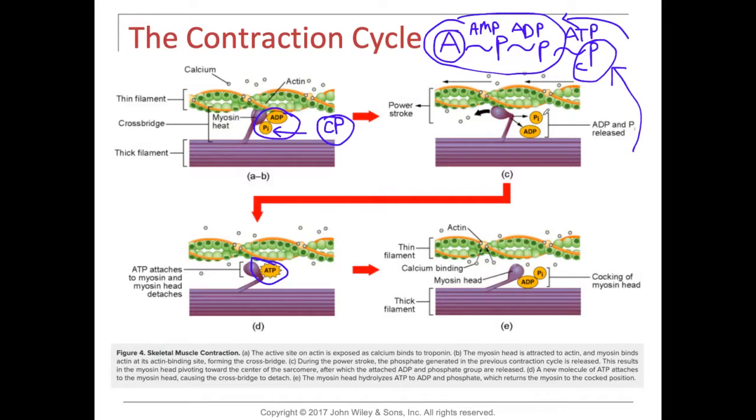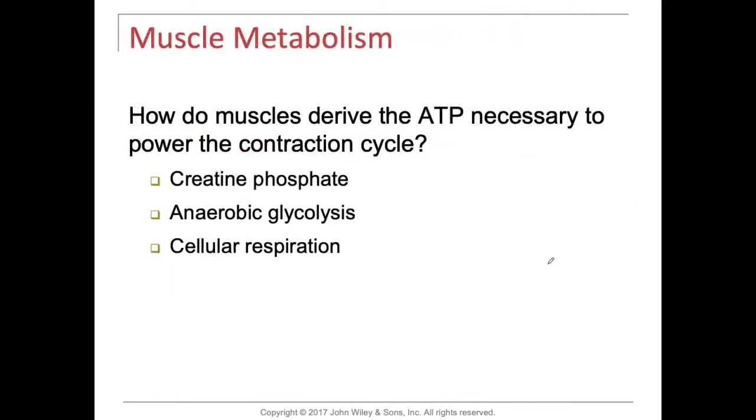We had creatine phosphate hooked up with ADP. So now you have ADP hooking up with another phosphate. You got 3 phosphates, ATP. After it detaches, it hydrolyzes it and breaks it back into adenosine diphosphate and creatine phosphate again. Okay?